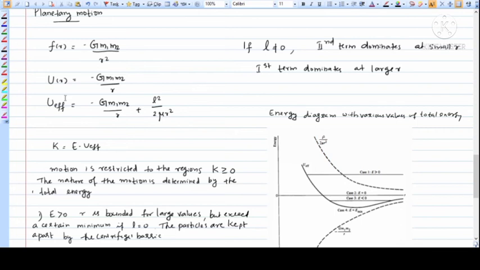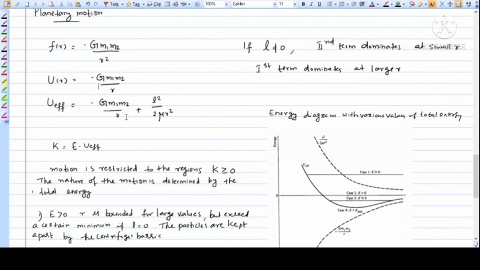Looking at this expression, if L is not equal to 0, this term is known as the centrifugal potential, and the centrifugal potential dominates for small r. For small r, this quantity will be higher.